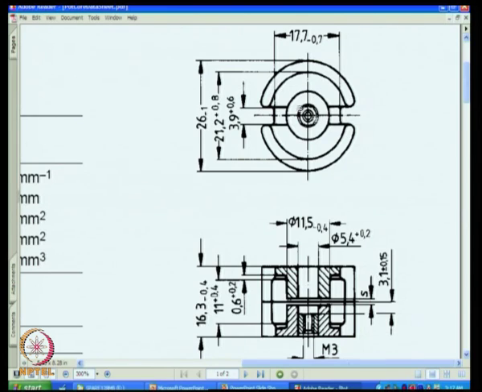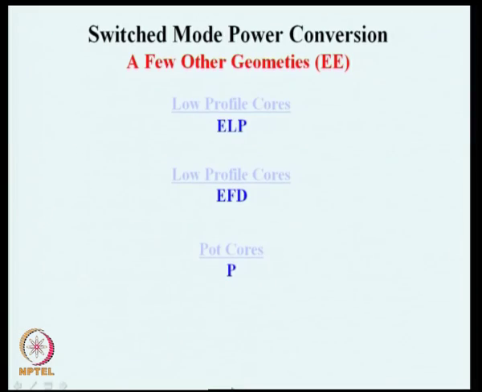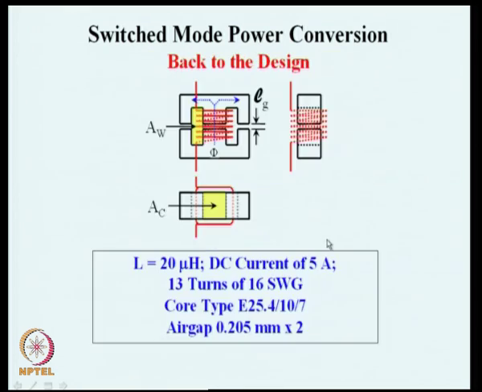Such pot cores without any air gap will let out very little energy as radiated energy. So, such cores are very advantageous where you wish to have very little radiated energy out of the inductor. There are many geometries available from many manufacturers and so on.